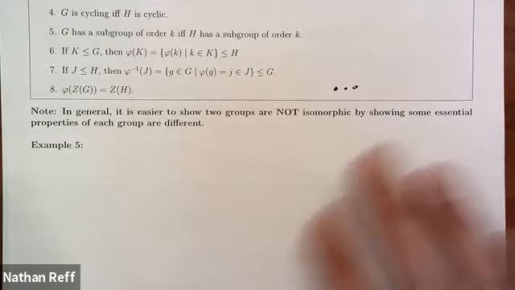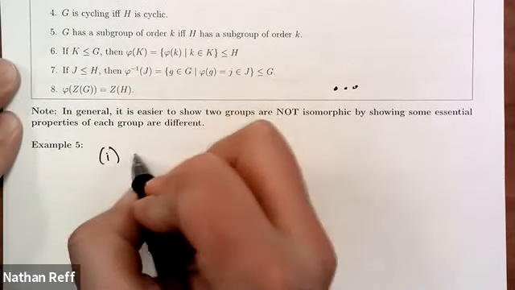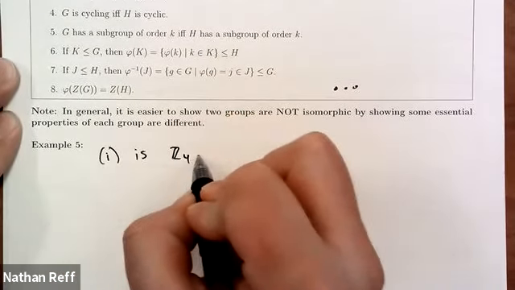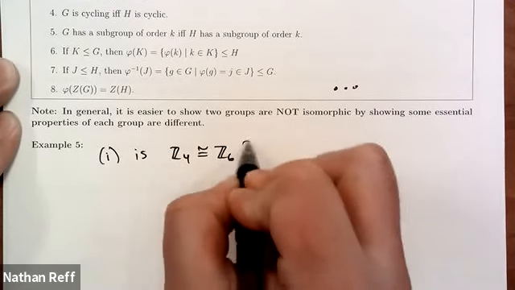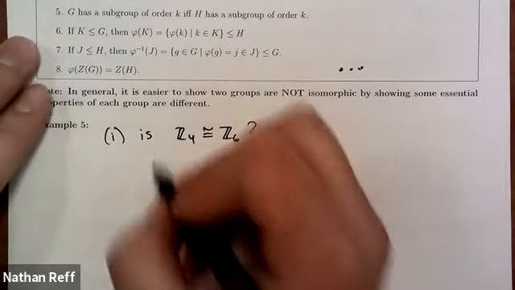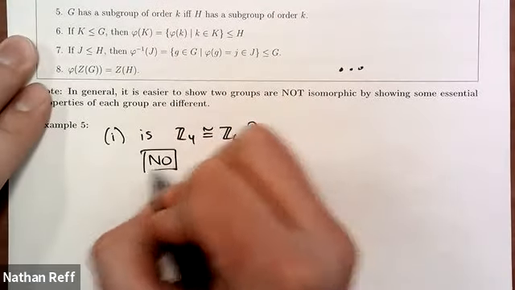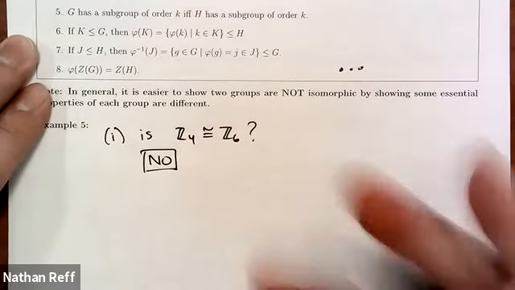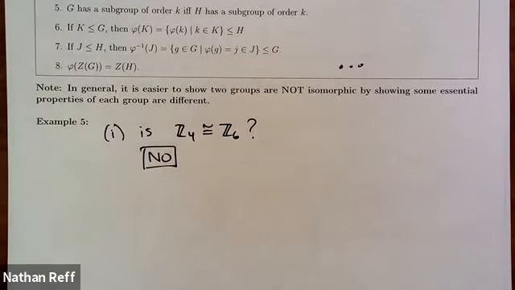Let me show you a really quick example. Is Z4 isomorphic to Z6? If you wanted to prove they were isomorphic using our standard technique, it could take you a long time because you have to try to build a function. But the quick answer is no, because the cardinalities are different.